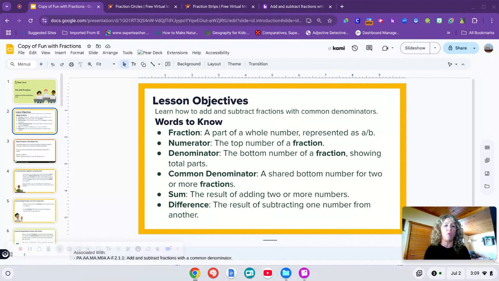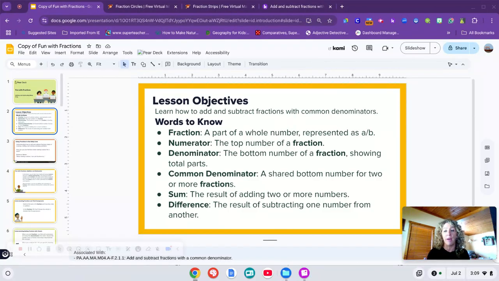So there are going to be a few words that you're going to need to know. And I know that you know these, we've been talking about them, but I just want to review them again. A fraction is part of a whole, and it's represented as A over B or A slash B when we're typing this out. The numerator is the top number of a fraction. The denominator is the bottom number.